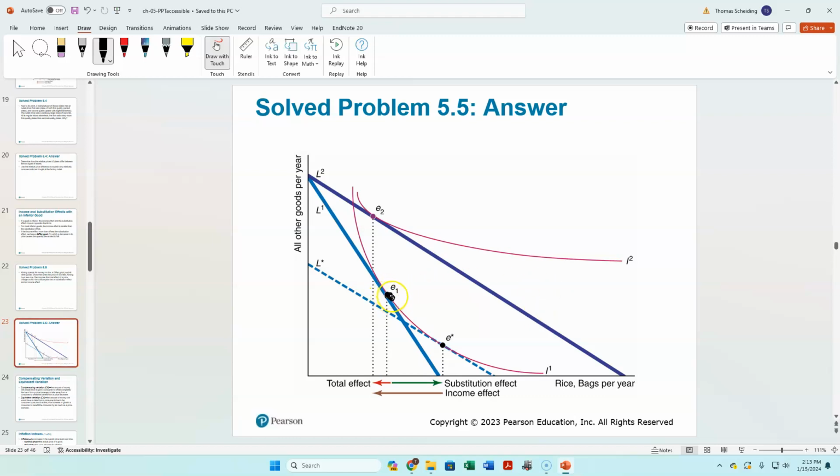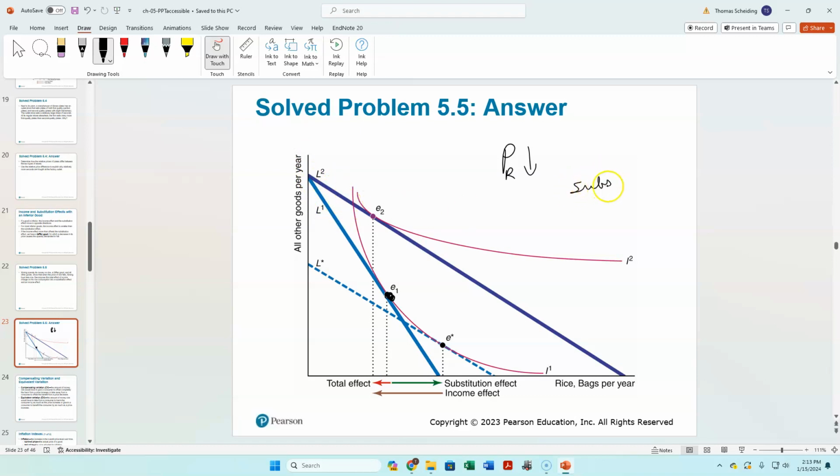And in starting at E1, the good is becoming cheaper in price. So as the good becomes cheaper in price, we're going from L1 to L2. So the price of rice is going down. As a result, the budget constraint changes from L1 to L2, so it pivots outward.